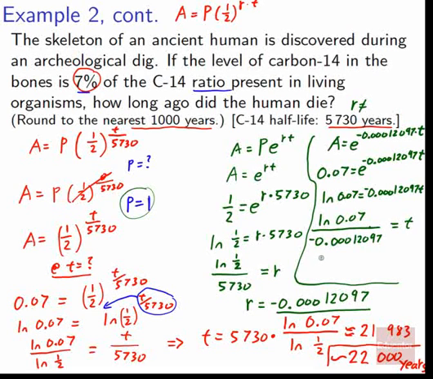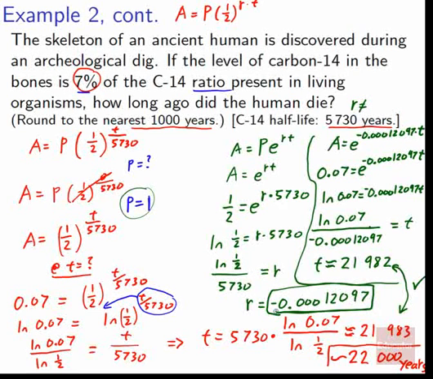We punch that into a calculator and we wind up getting that t is approximately 21,982, which is very, very close to 21,983. So it makes sense that the reason why it's not quite the same is because we wind up having to use a decimal approximation.